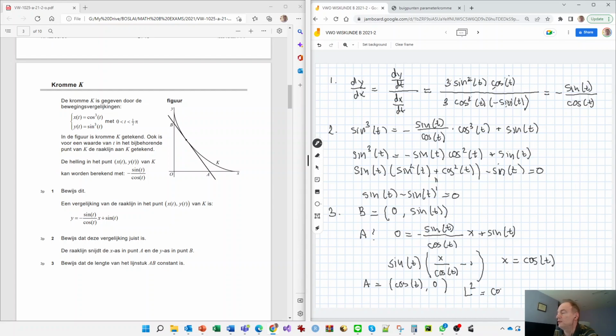So it's cosine squared t, plus the y coordinate of A, 0, minus the y coordinate of B, which is sine t. But it's squared, so you get a plus sine squared t, which is 1. So it doesn't depend on t.